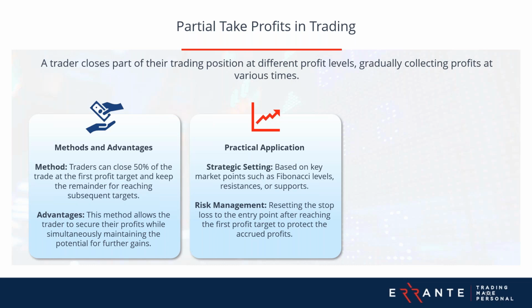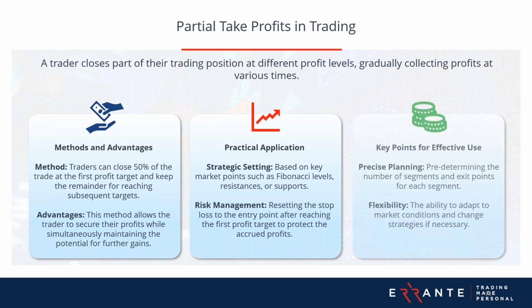Additionally, an important aspect of risk management with partial take profits is resetting the stop loss to the entry point after the first profit target is reached. This break-even stop technique ensures that whatever happens, the remainder of your position does not turn into a loss. So this is a very wise way to manage your open positions.